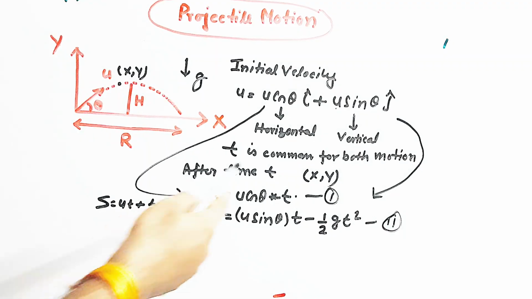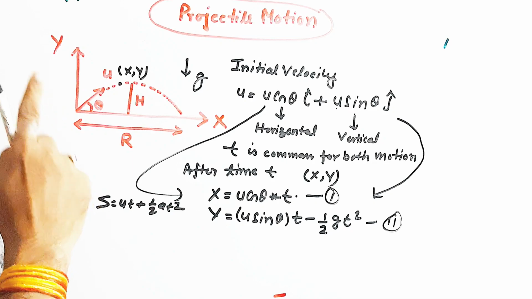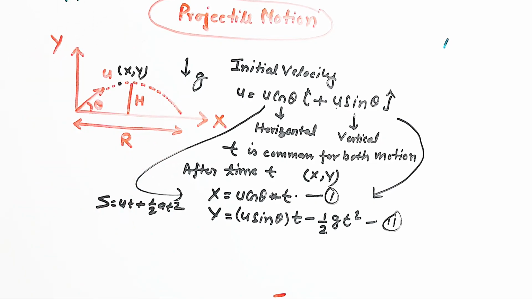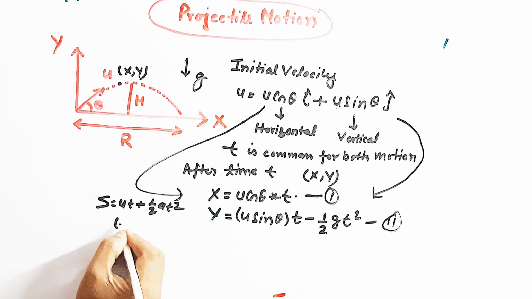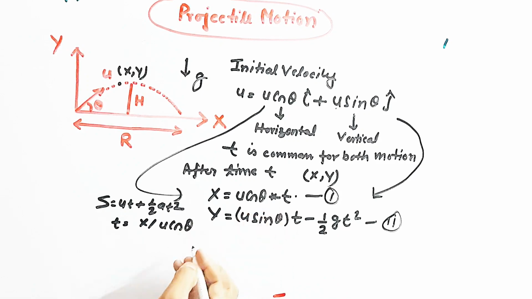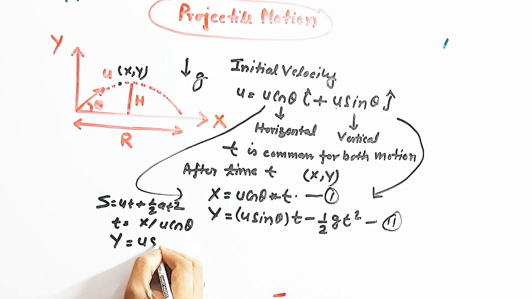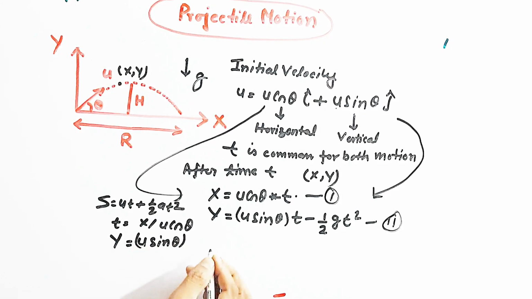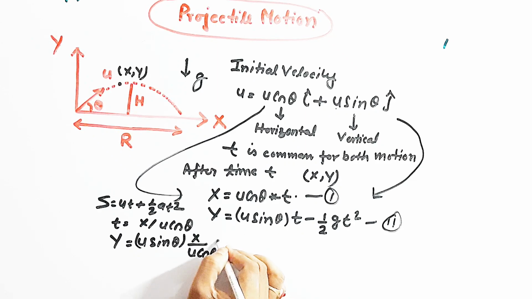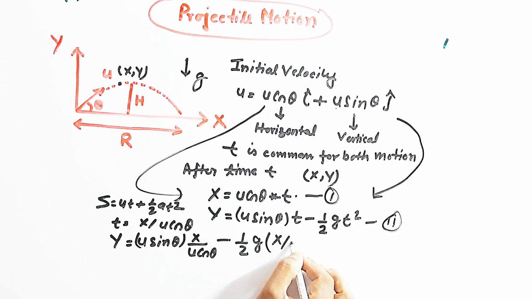Now if you eliminate t from these two equations, you will get the trajectory of the projectile thrown from the initial point. From the first equation you get t = x by u cos theta, and you put this value in the second equation. You get y = u sin theta into t, where t = x upon u cos theta, minus half g t square, meaning x by u cos theta the whole square.